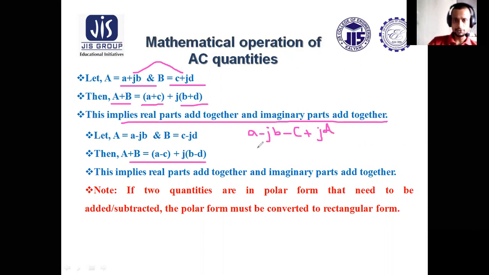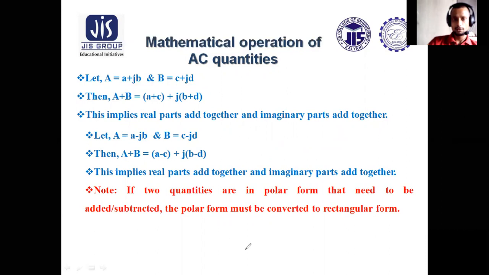So it should be a minus c, and if we take j common, then minus b plus d. So this should be minus of b plus d. Okay, so there is a printing mistake here.